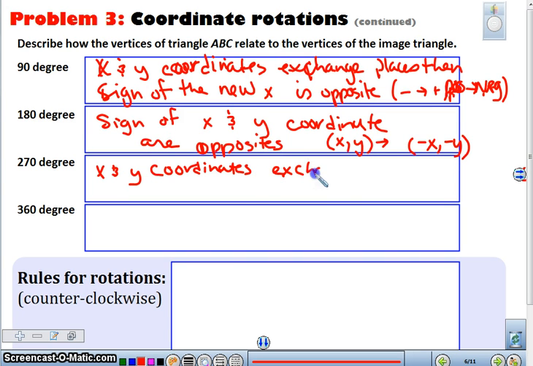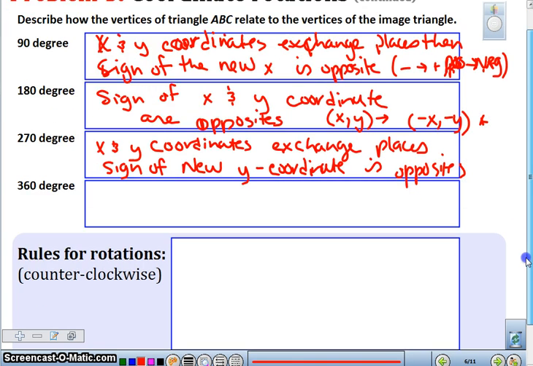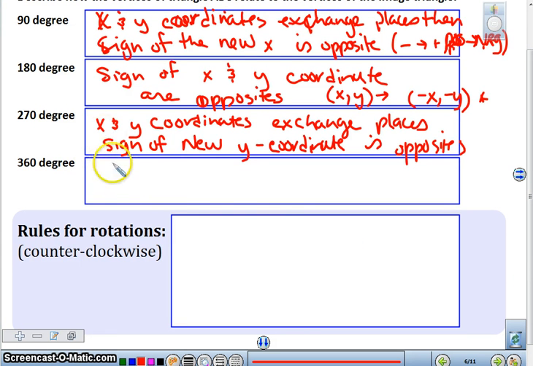But then once they exchange places, this time, the sign of the new y coordinate is the opposite. And we're going to write these out algebraically down below, kind of like this rule right here that we did, where we have a little more space. We'll write those in here.